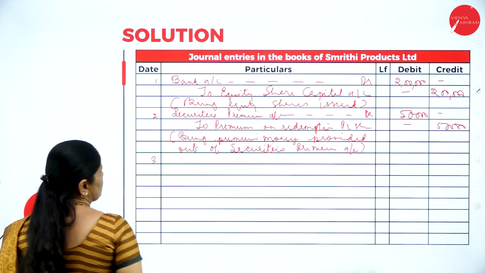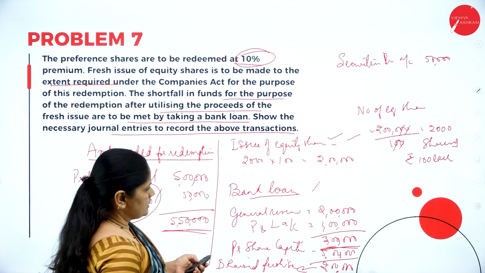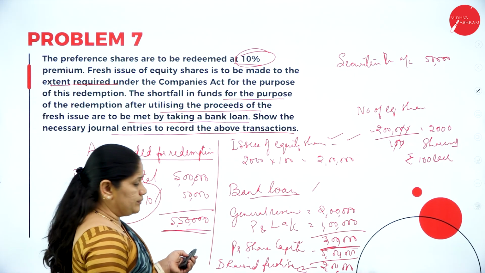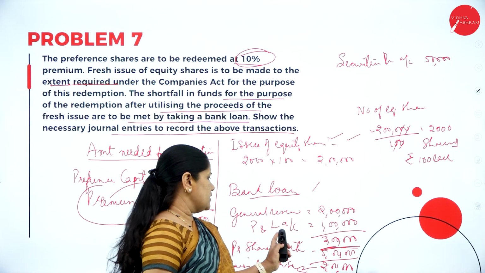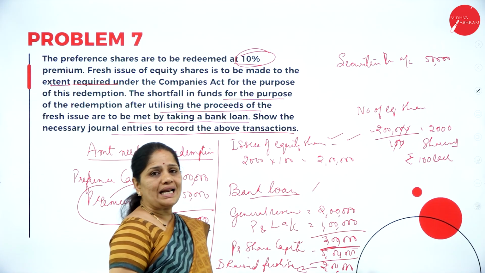Now the next one will be for the capital money. For giving capital, we have 2 lakhs in the general reserve and profit and loss account 1 lakh.